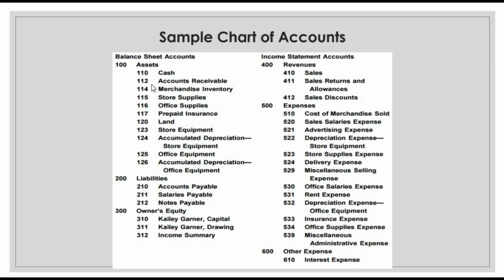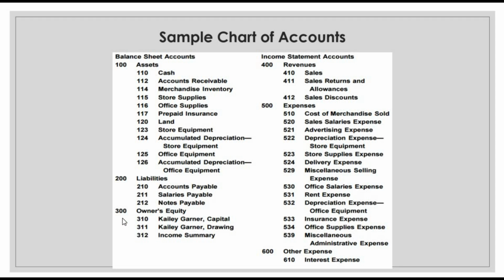Accounts receivable, 112. 114 is merchandise inventory. 115 is store supplies. And so on. Liabilities, you have 200. It starts with 2, so you will know that this is a liability because it starts with the number 2.